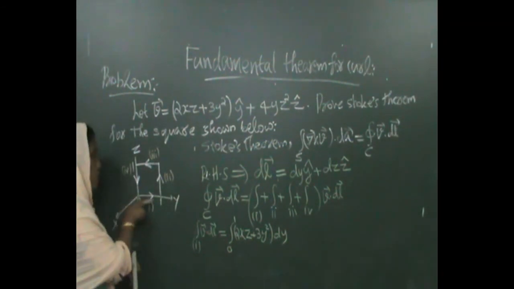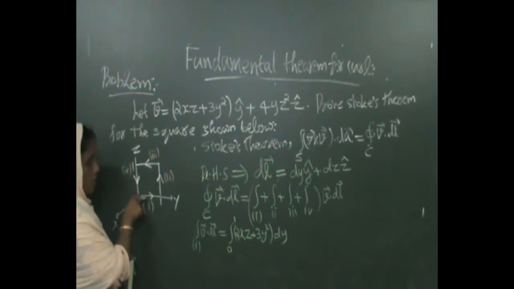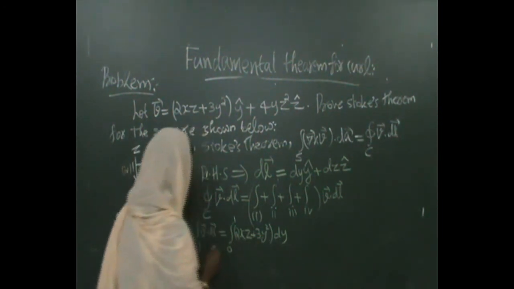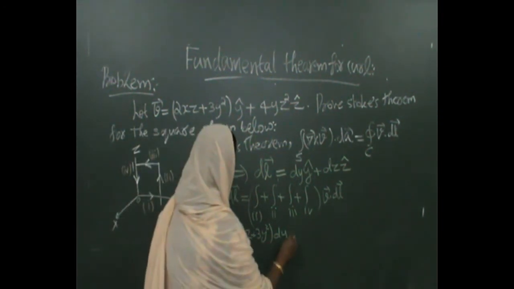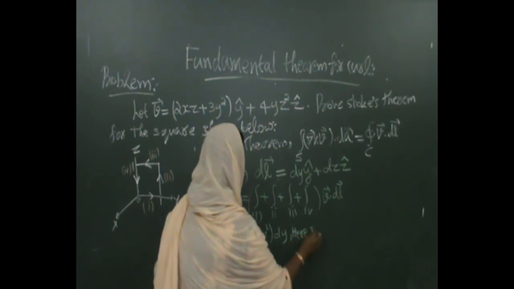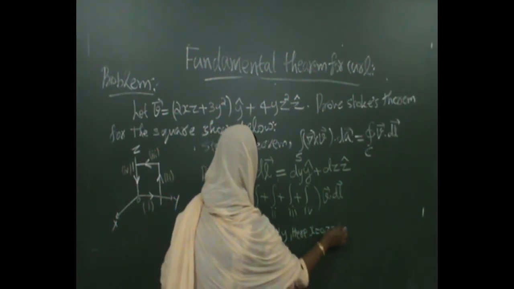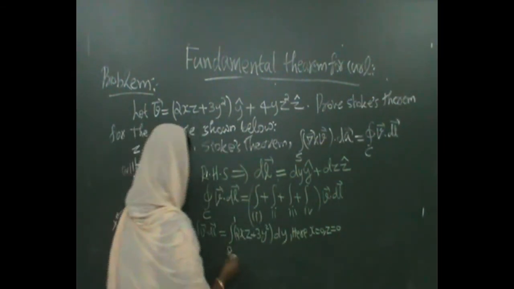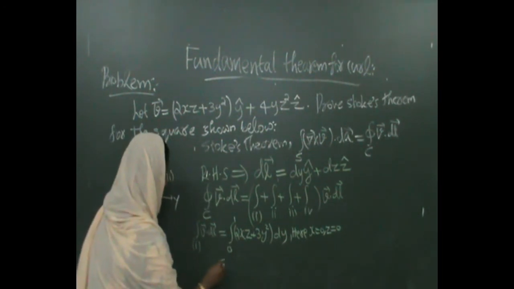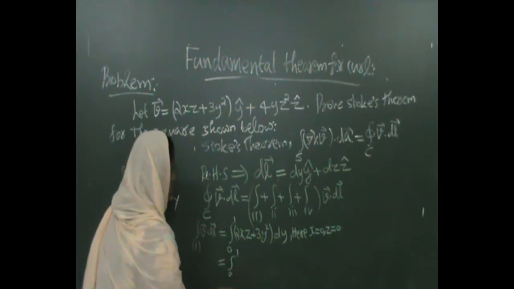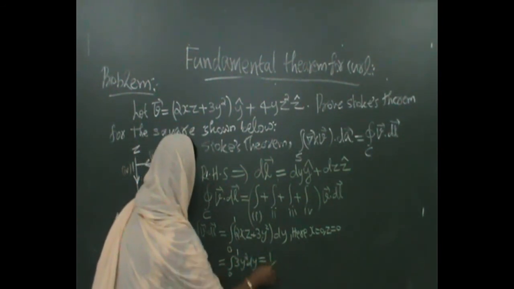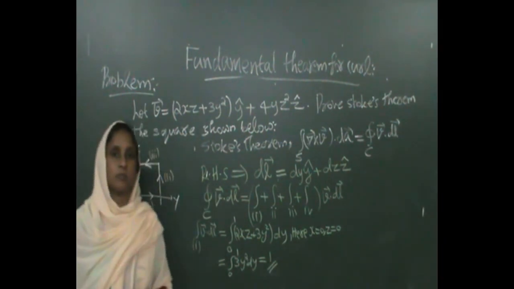Along this path x equal to 0 and z equal to 0, so this term goes to 0. So you have only this term. This gives you the integral from 0 to 1 of 3y square dy. This gives 1.